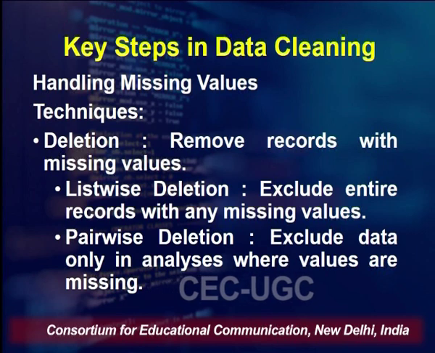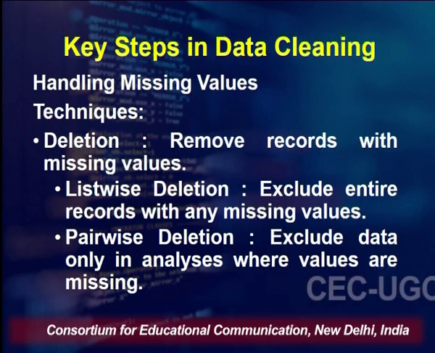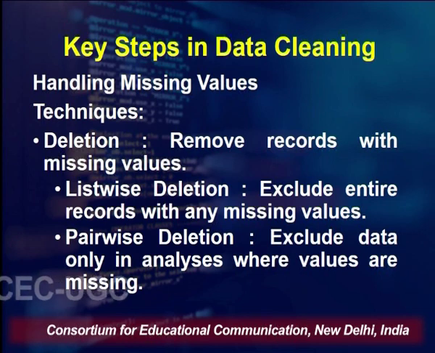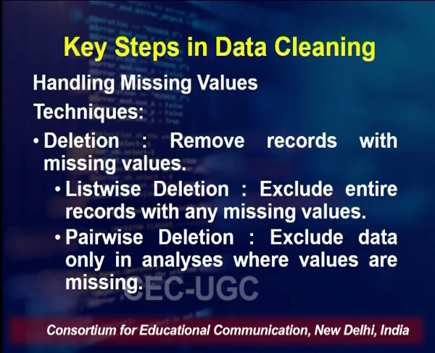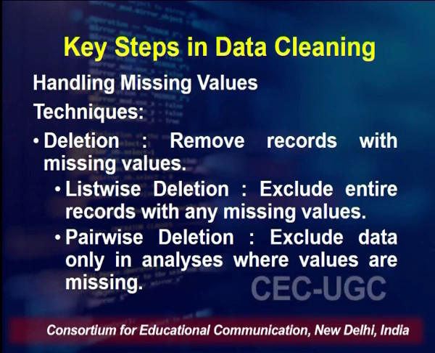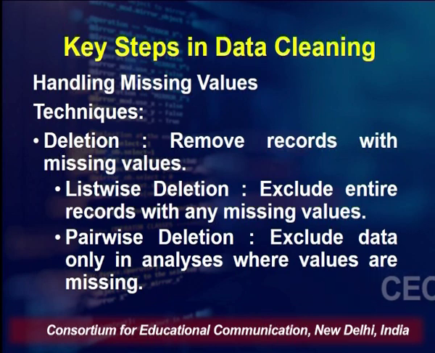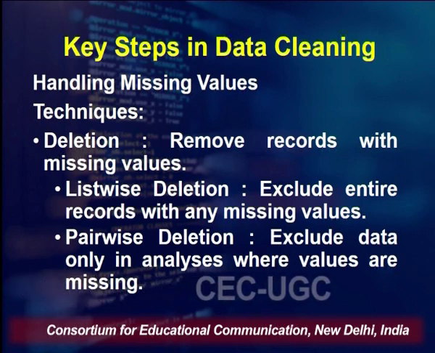You can have listwise deletion, that is, exclude the entire record with any missing value, or you can have pairwise deletion, where you exclude the data only in the analysis where values are missing. Basically, wherever a value is missing, we just omit that particular record.